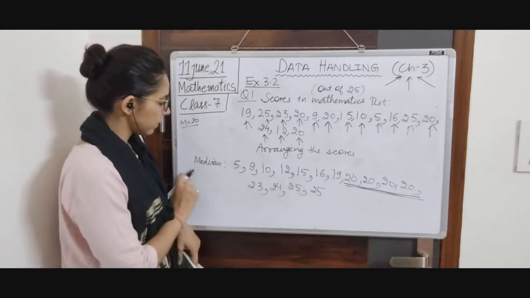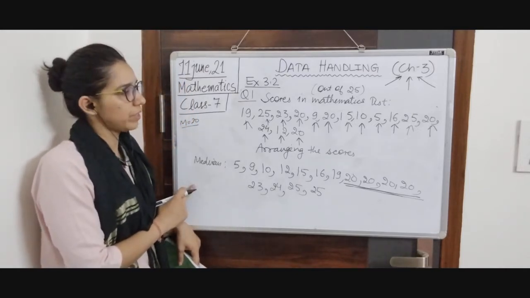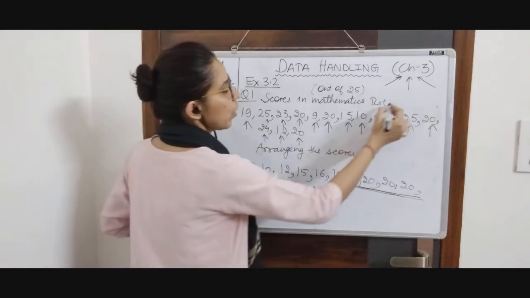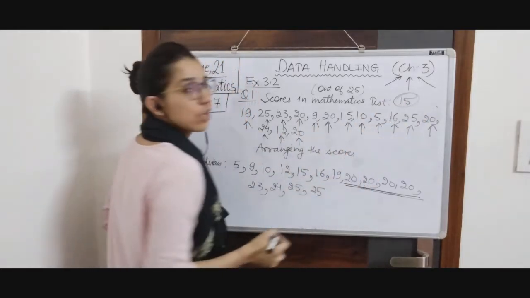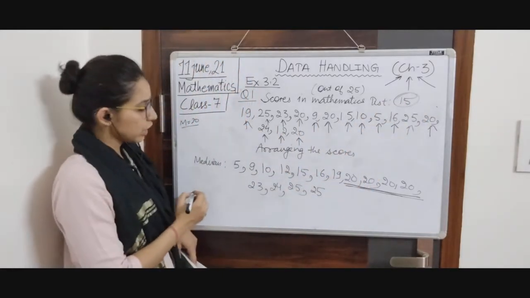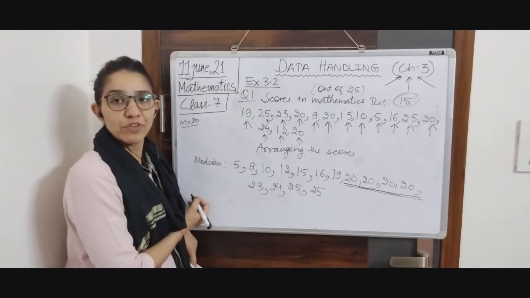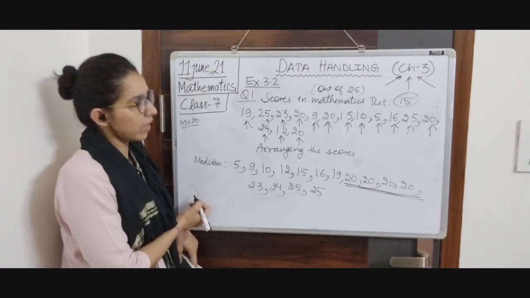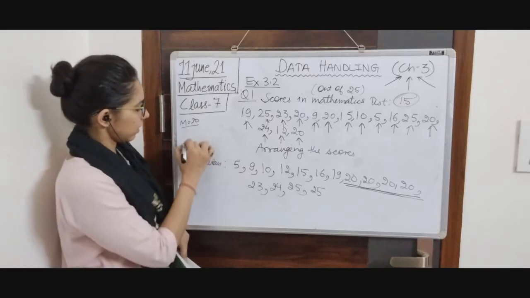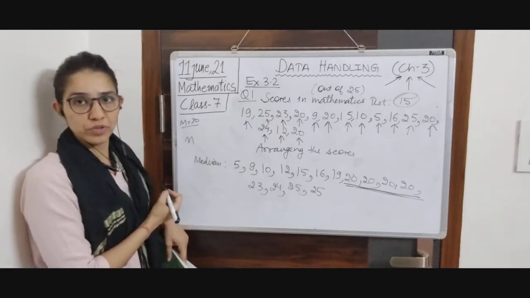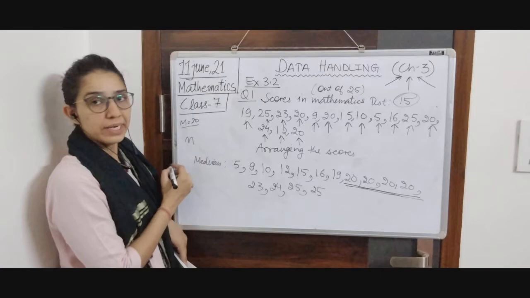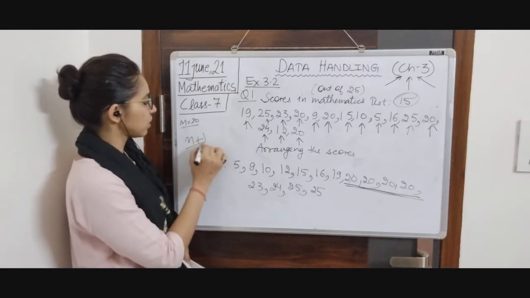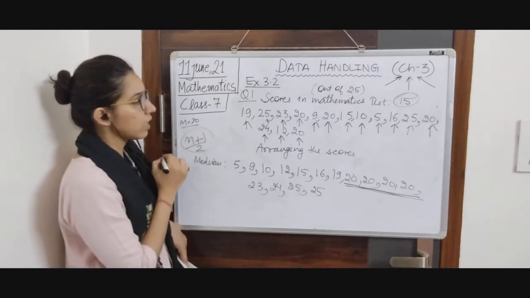Now median is the middlemost term. There are how many observations? There are 15 observations. 15 observations means the middle term will be the 8th term. How did we find this out? If we have n number of observations, then your middle term will be the (n plus 1) by 2th term.